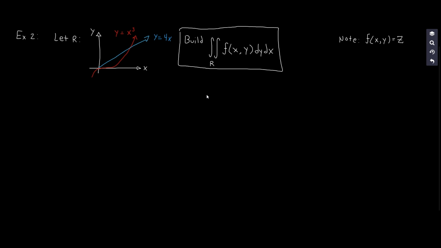The thing with this is that dy is first. And since dy is first, it's the inner integral, so we evaluate that first. We need to bound the top and the bottom. We need functions of x as inner bounds, so we can solve the equation for y.